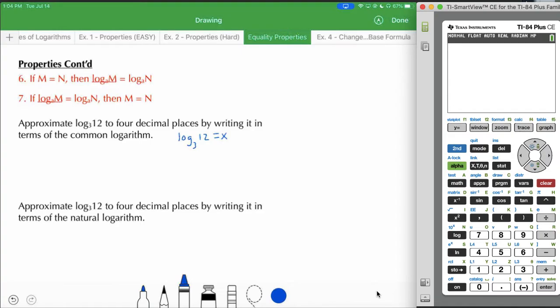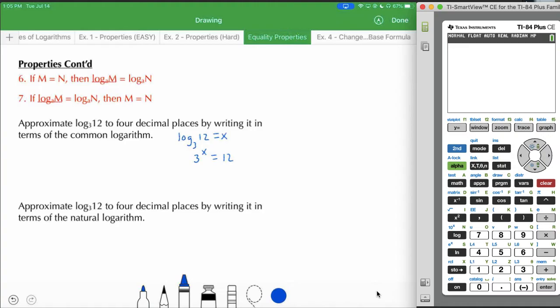Well, 12 is obviously in between 9 and 27, okay? And what I'm going to do here is put this into its exponential form, okay? 3 to the power of x is equal to 12.